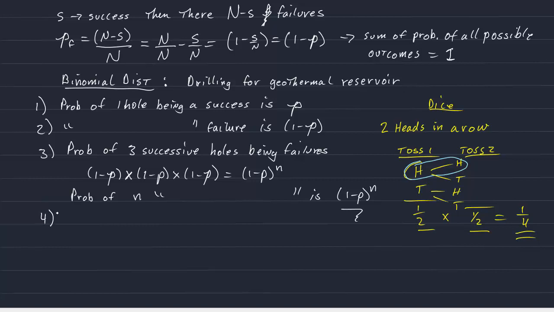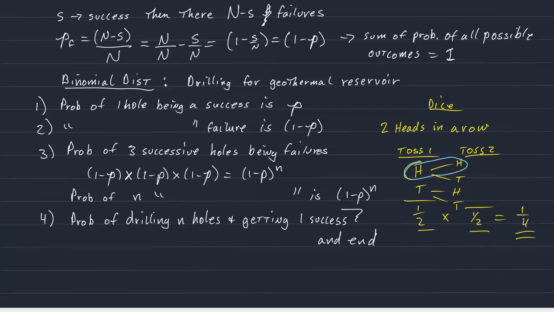So now let's look at the probability of drilling n holes and getting one success at the end.